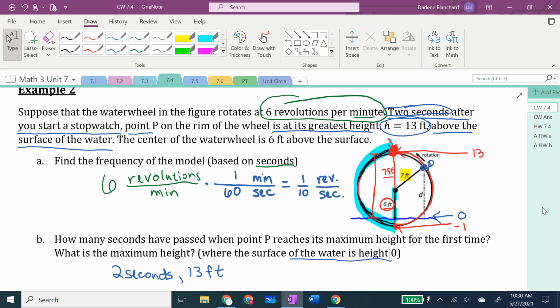So, again, this is half of a cycle, which is half of a revolution. Every second, I go 1/10 of a revolution. So how much time does it take me to reach half of a revolution?